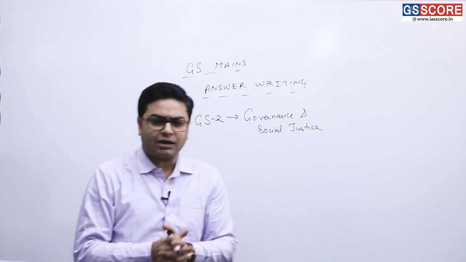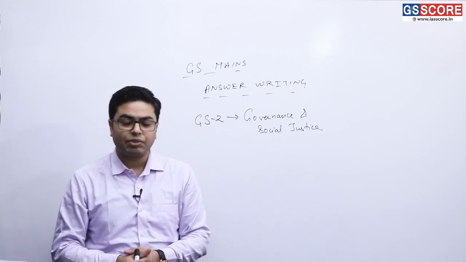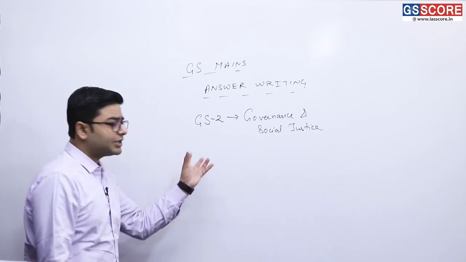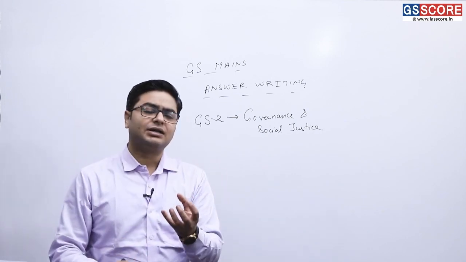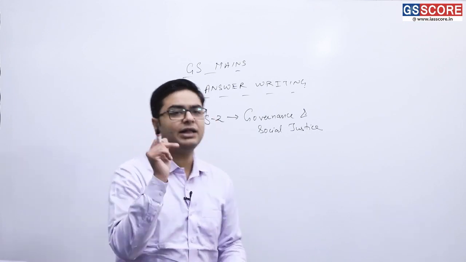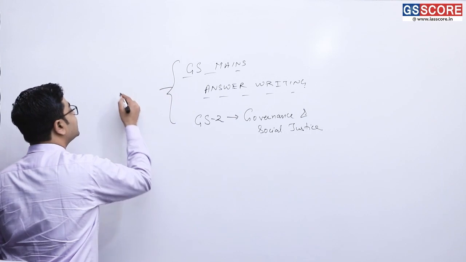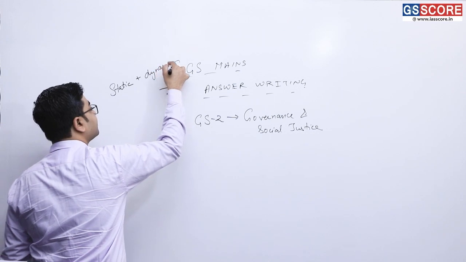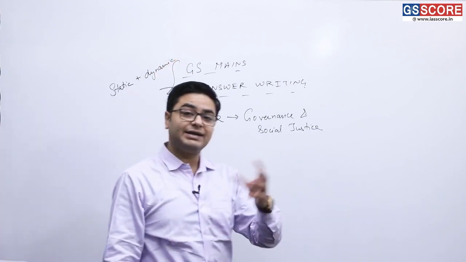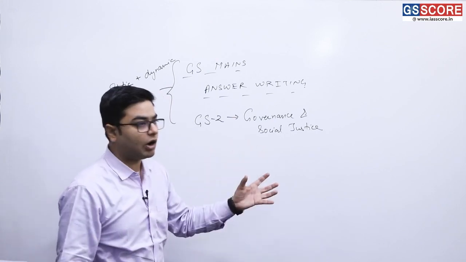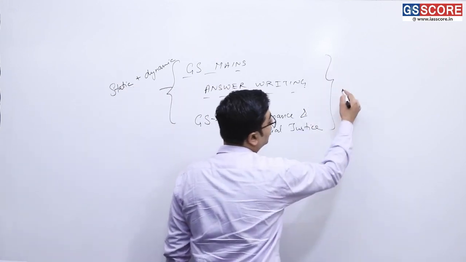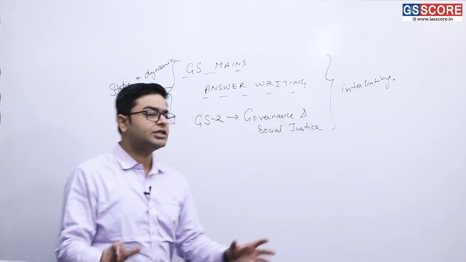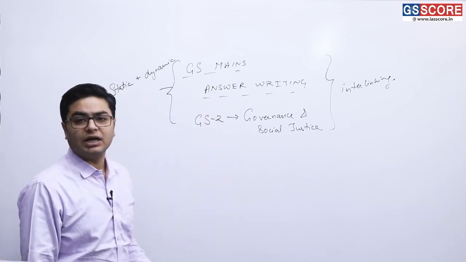If we look at governance and social justice, the area is very interesting in the sense that it tests the knowledge of the candidate on a very healthy mix of static and dynamic aspects. While it does that, it also involves a heavy amount of interlinking, not just with the areas given in the syllabus.